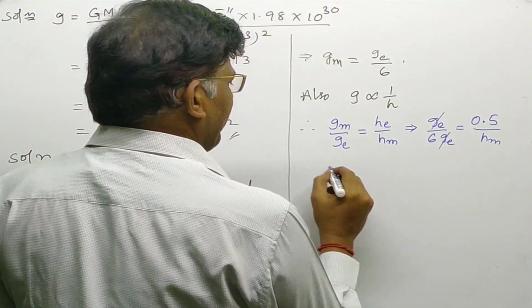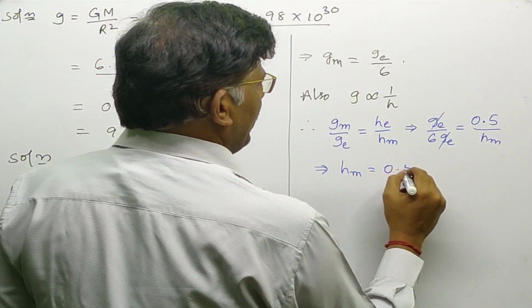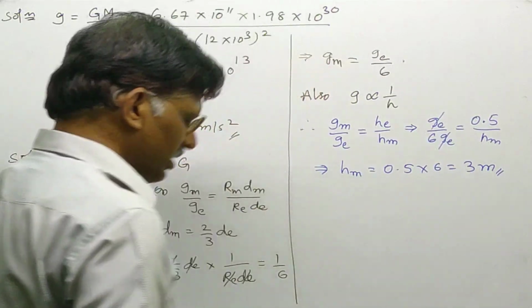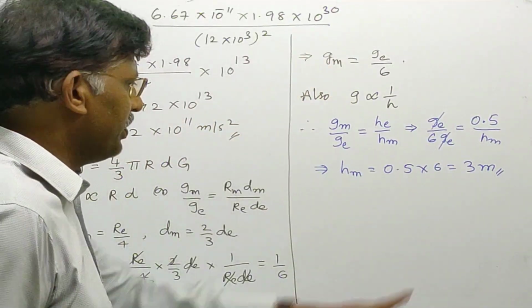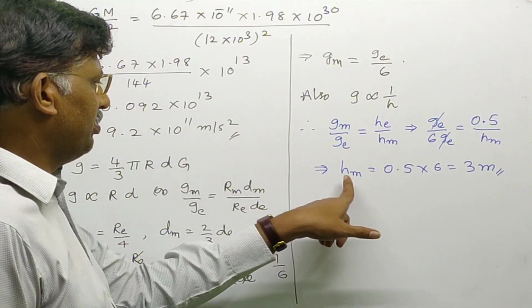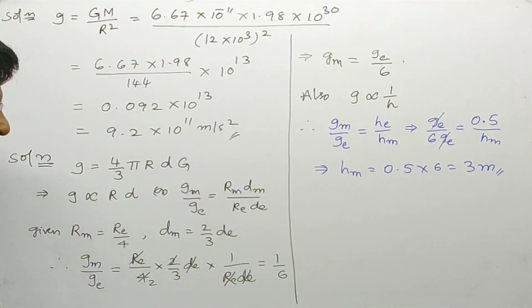So gE cancels, that implies HM is equal to 0.5 into 6, that is equal to 3 meters. So on earth, the astronaut can jump up to 0.5 meters, but on the moon he can jump up to 3 meters.